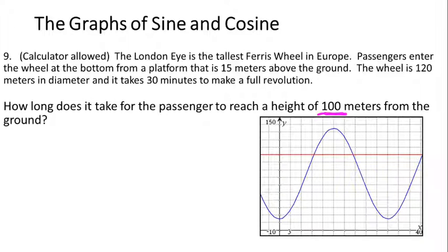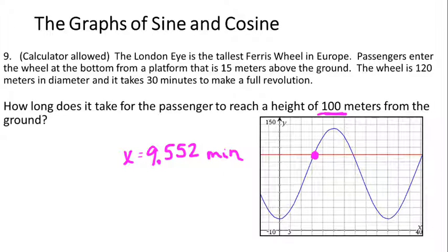What we're looking for here is this intersection point right here. And using your calculator, you can determine that that intersection point is at x equal to 9.552 minutes. So it takes 9.5 minutes to reach a height of 100 meters off the ground.